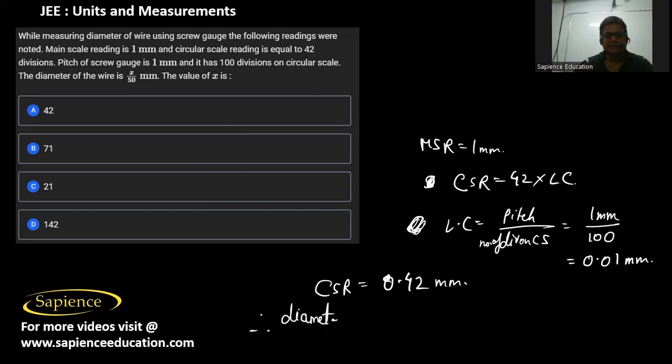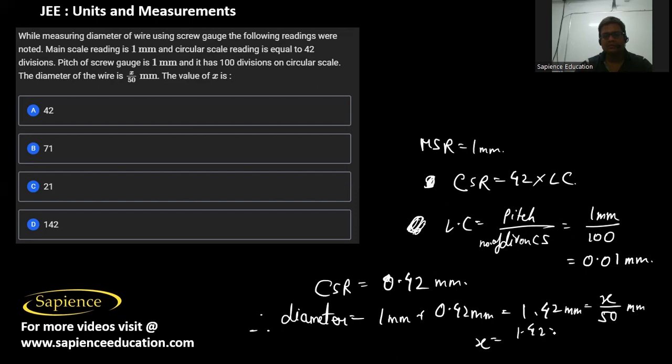The diameter is equal to the main scale reading, which is 1 millimeter, plus 0.42 millimeter, that is 1.42 millimeter, and that is equal to x by 50 millimeter. Then x will be equal to 1.42 into 50. So that will be 142 by 2, that is 71. So option B is the correct answer.